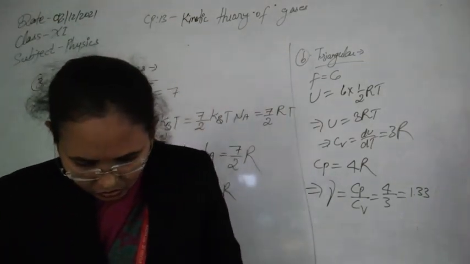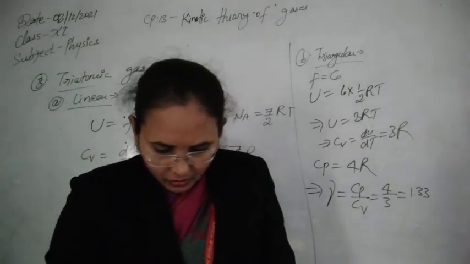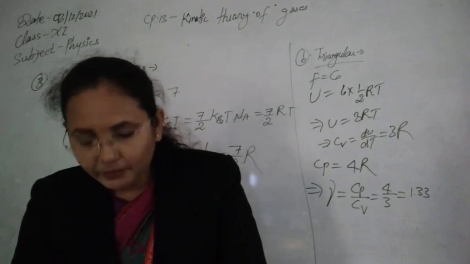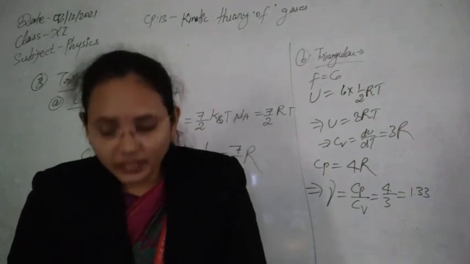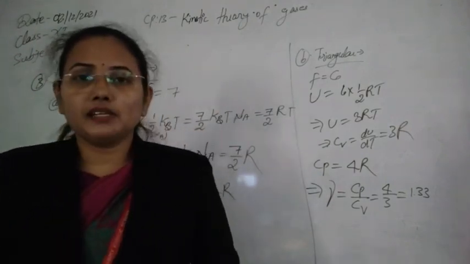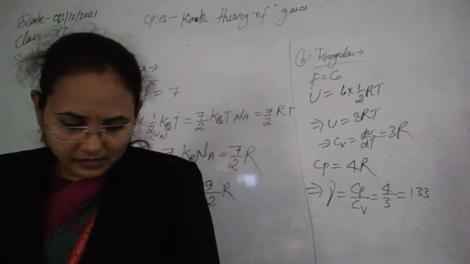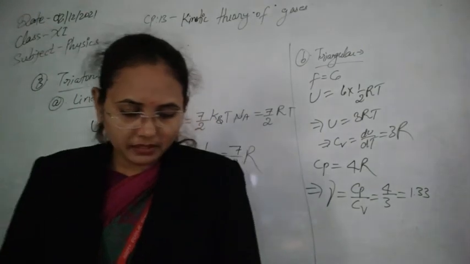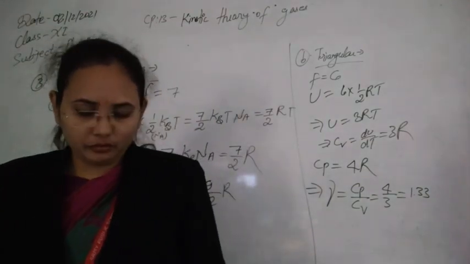Now, students, the next topic of the chapter is the specific heat capacity of water. For the liquid, the law of equipartition of energy also can be used to determine the specific heat capacity of water.